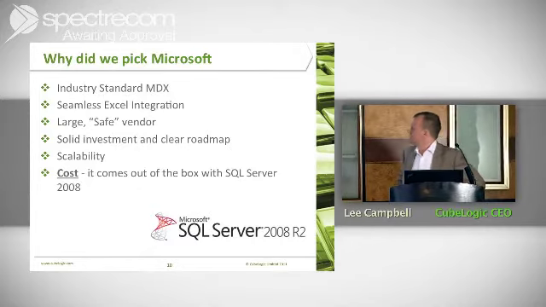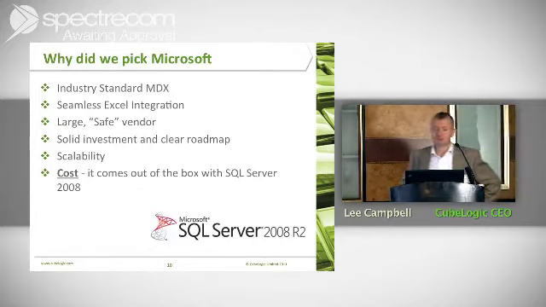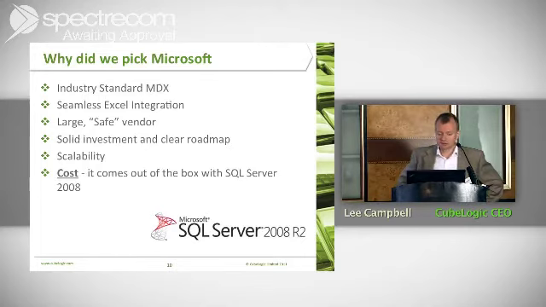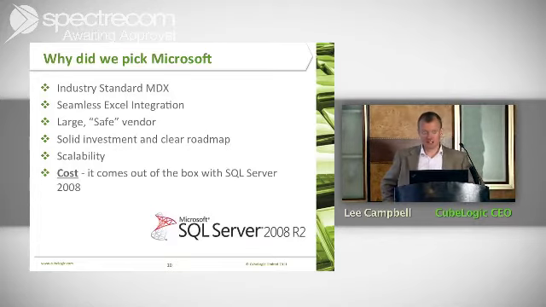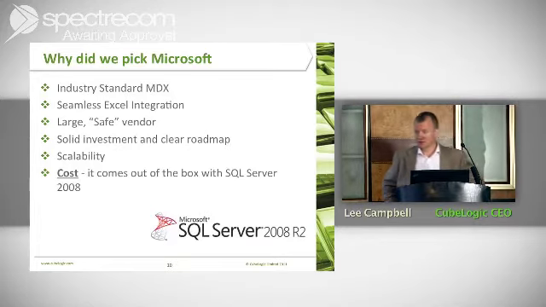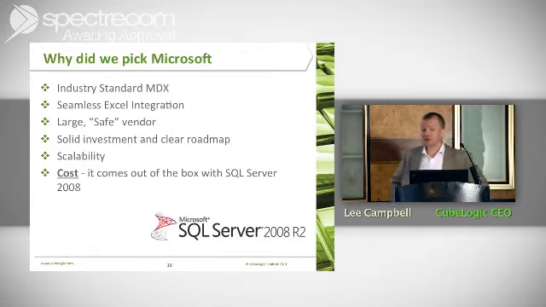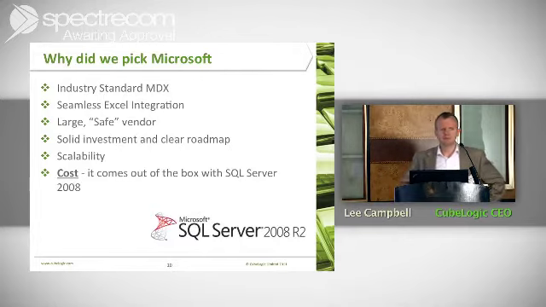And some of the other reasons we went for Microsoft: it is a big vendor. I guess it's a safe vendor. There's a huge amount of investment in this technology, and there's a clear roadmap for the next stages. They're spending a lot of money on this technology, and it's highly scalable. We've done a lot of scalability tests in Intel labs. We've had billions and billions of data points in cubes, and it performs.